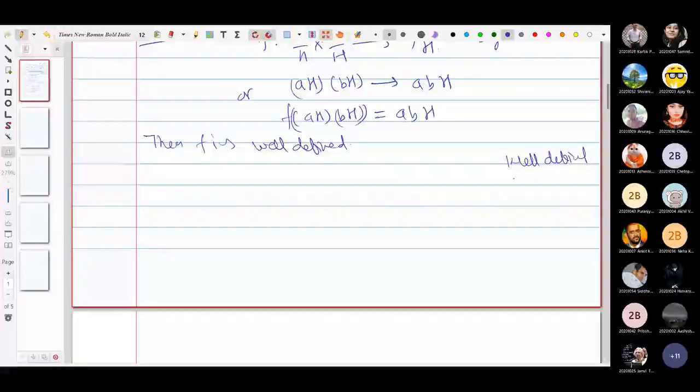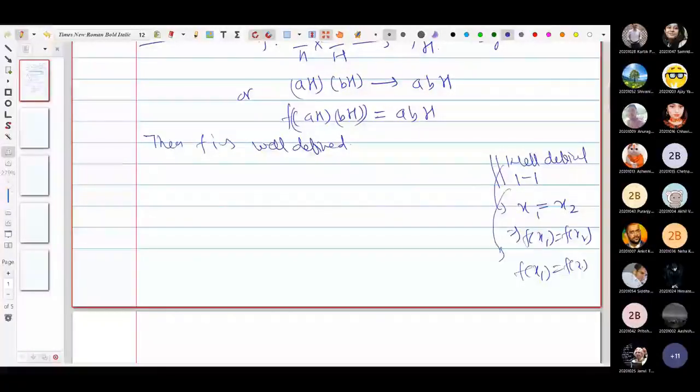For well definedness, we take x1 and x2: if elements are the same, then they have the same images, which would imply that f(x1) equals f(x2). For one-oneness, we take the images: if images are the same, then the pre-images are also the same. So these things need to be verified here, and I'm leaving it to you.